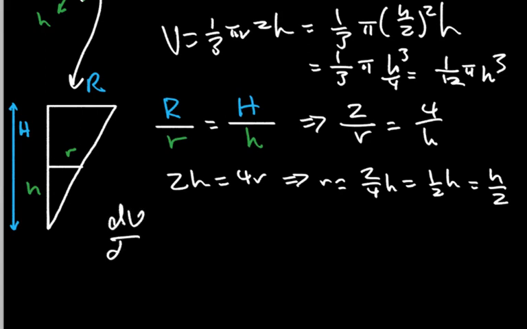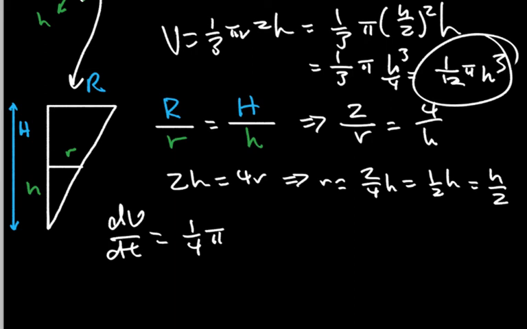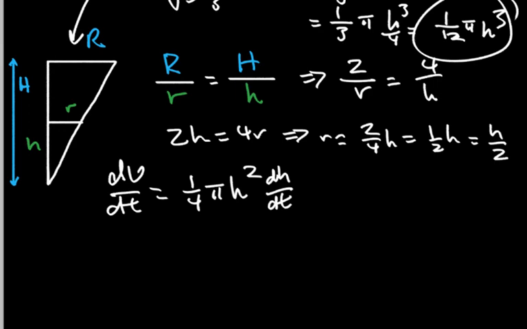If we take d/dt of that whole thing, that would bring a 3 down. So 1/4 pi times h squared times dh/dt. Okay, we got all the things that we need here, and we know all of these things. So let's just go ahead and divide things out.